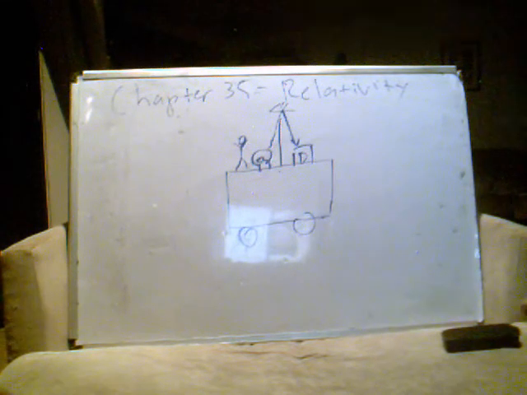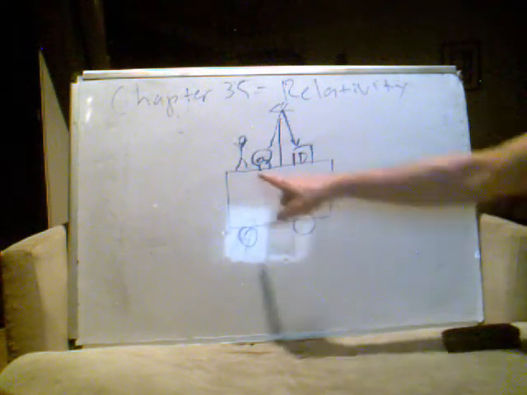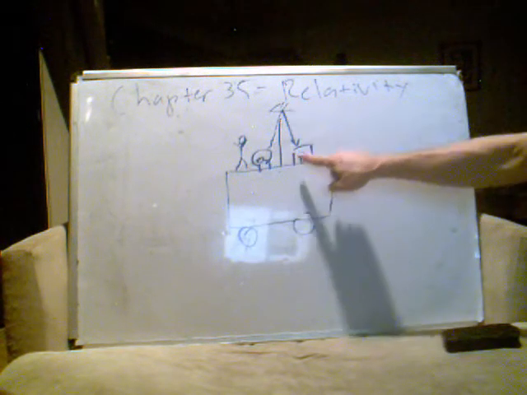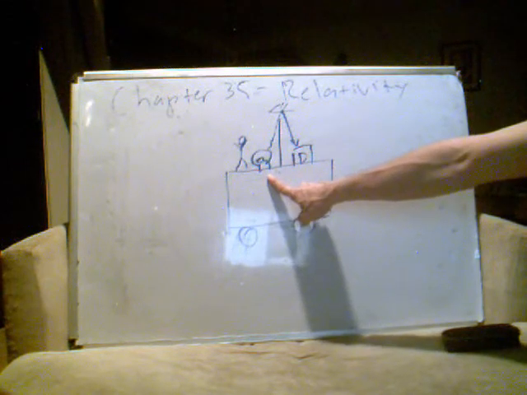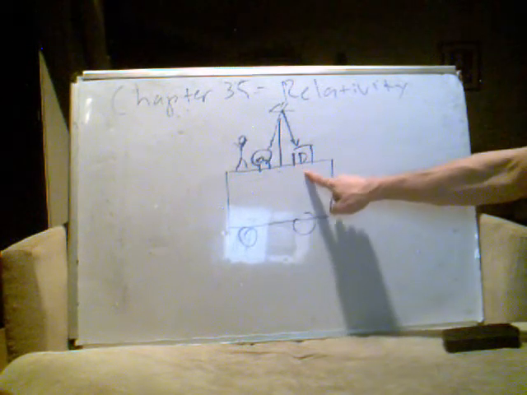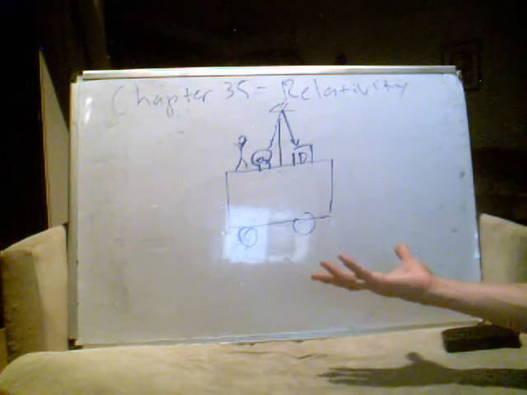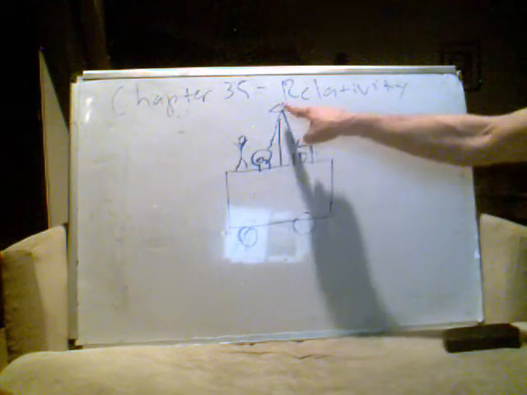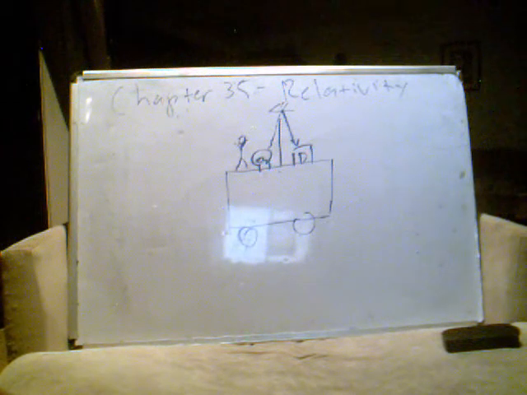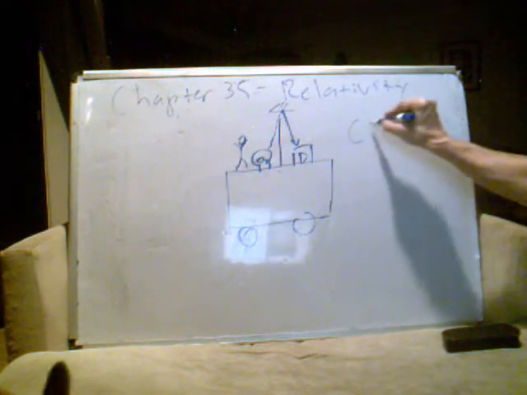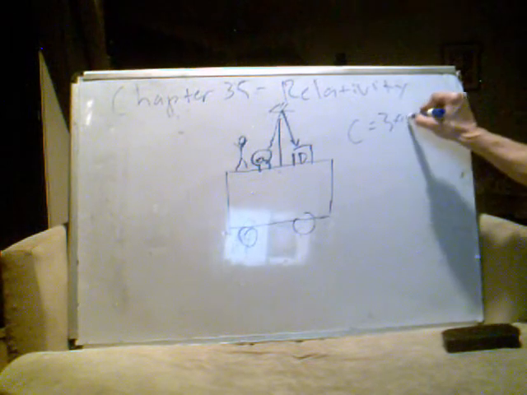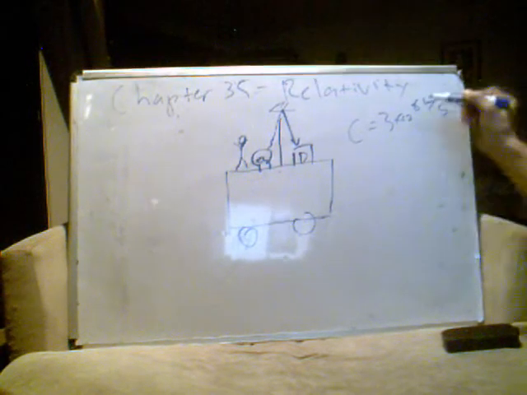Now, because the speed of light is invariant in all frames of reference, it's going to look to you like these two events, namely the light going off and the detector detecting the light, are separated by a certain amount of time. This physical distance should clue you in on exactly how far apart these are in time, because the speed of light is always 3 × 10⁸ meters per second.